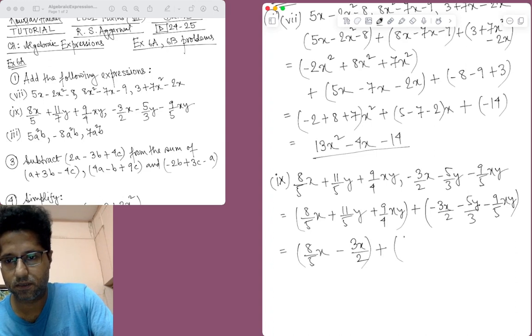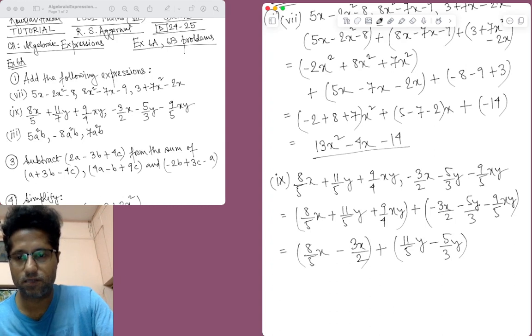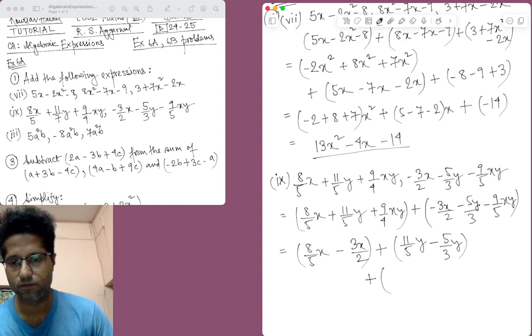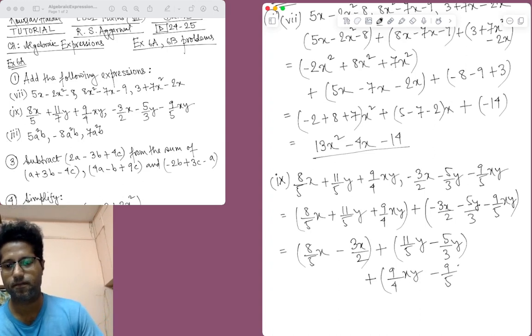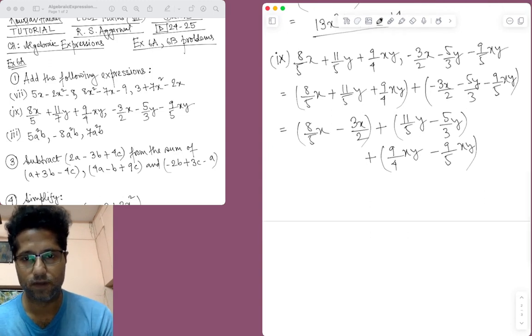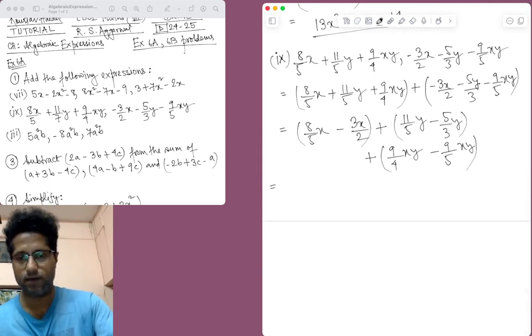So from the first expression we get 11y by 5, and from the second expression we get minus 5 by 3 y. Now let's collect the like terms having the literal coefficient xy. So from the first expression we get 9 by 4 xy, and from the second expression we get minus 9 by 5 xy. Okay.